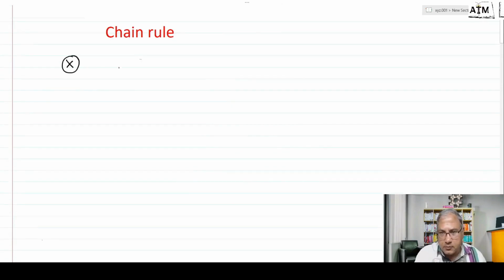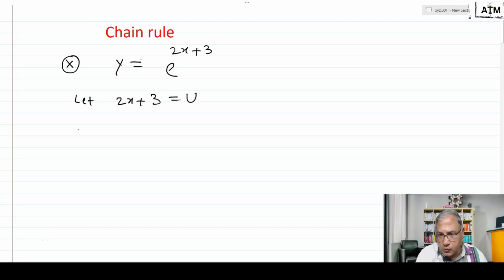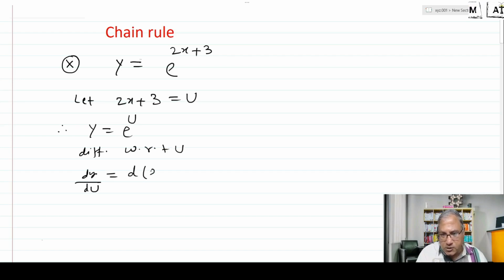Next example, y equals e raised to 2x plus 3. Then how to find dy by dx? As usual, let 2x plus 3 equal u. Therefore y equals e raised to u. Differentiating both sides with respect to u, dy by du equals the differentiation of e raised to u with respect to u, which equals e raised to u.